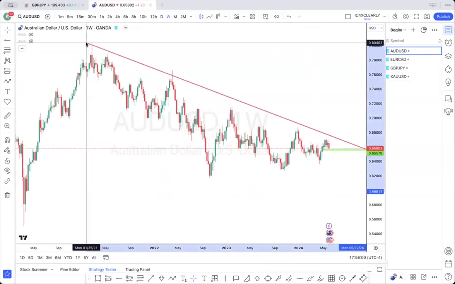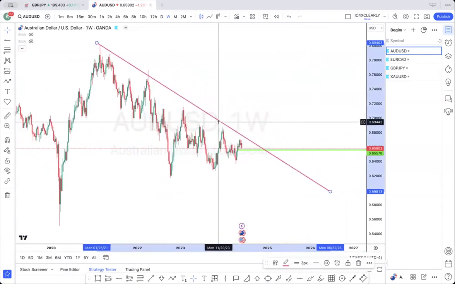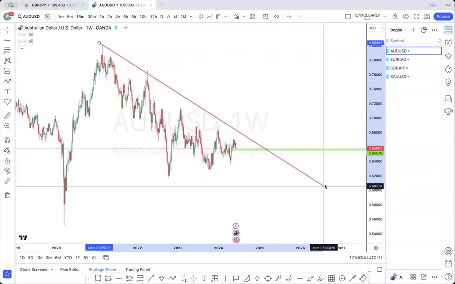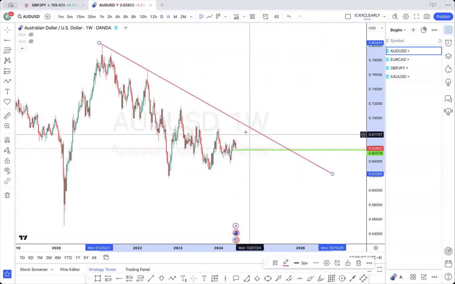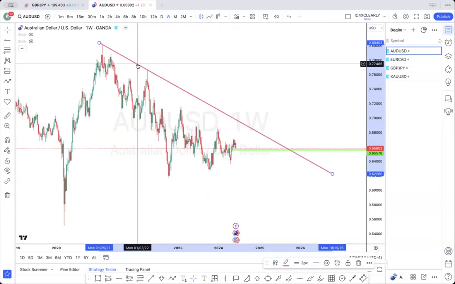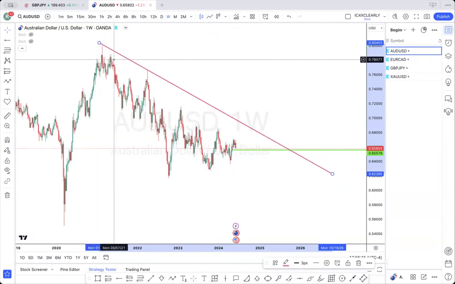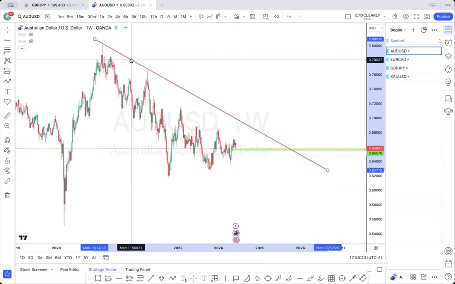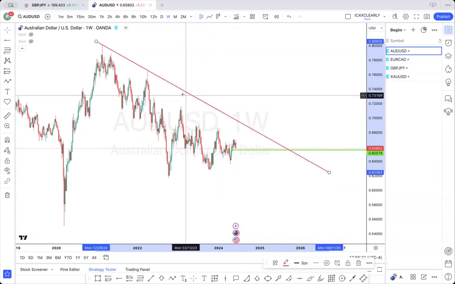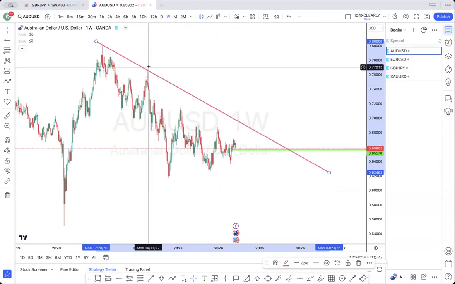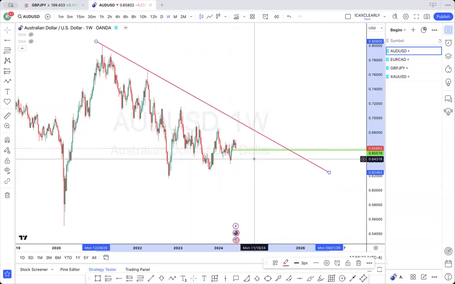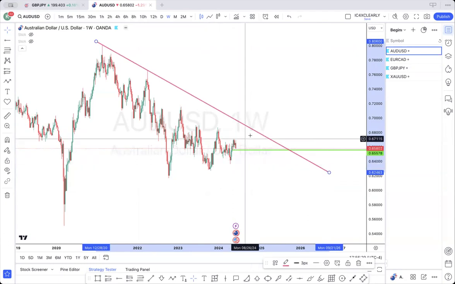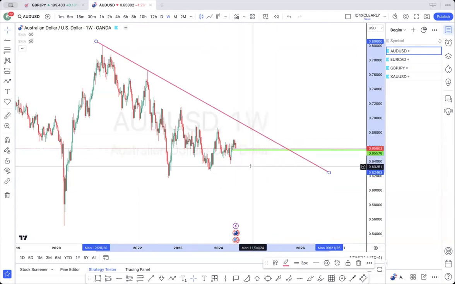And because I used the line chart, I marked up pretty much the bodies, but I personally like to mark up the wicks. Because if price breaks above that wick, for me, that's a change of character.